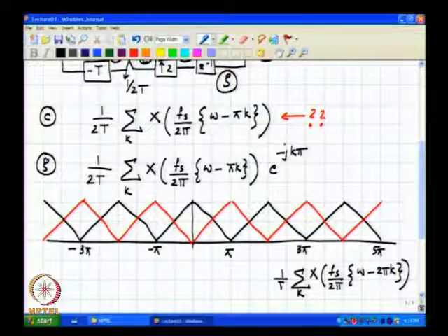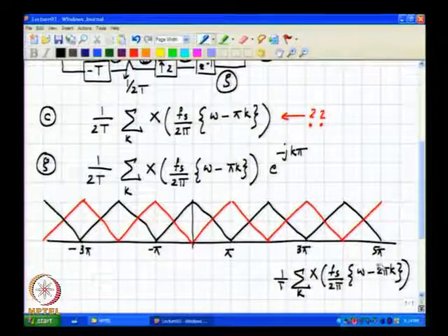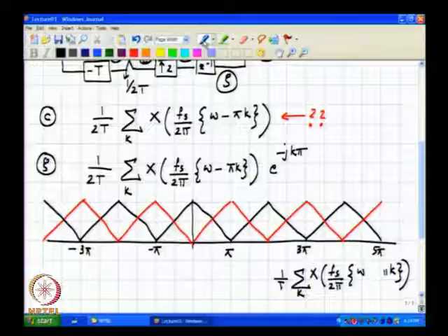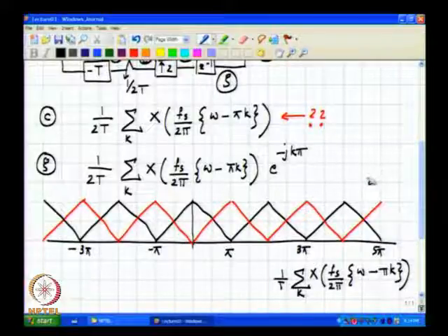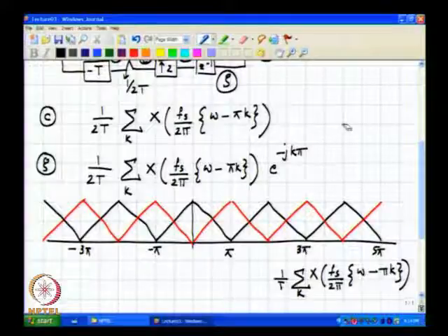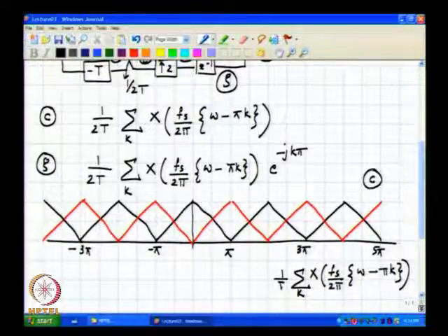So, this corresponds to the spectrum at C. Is that clear?